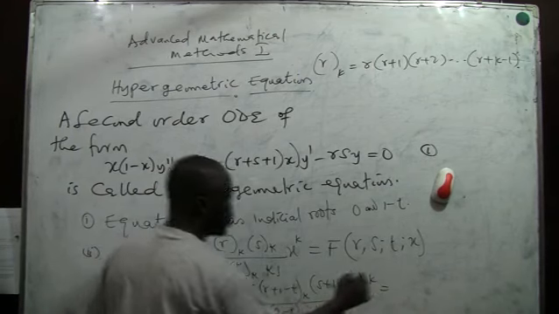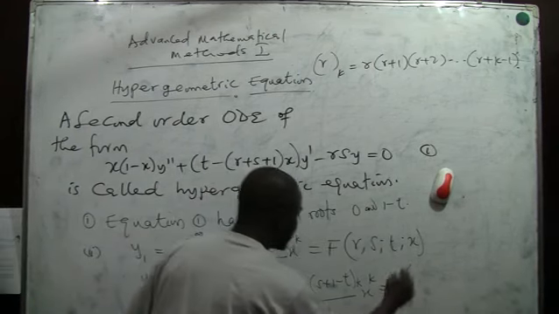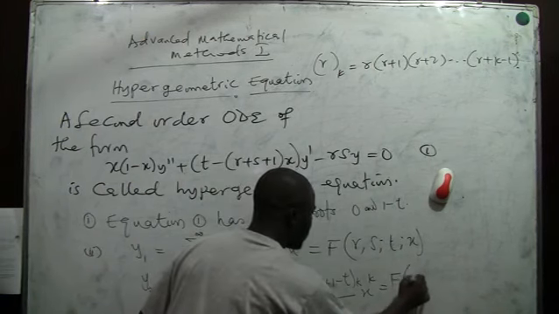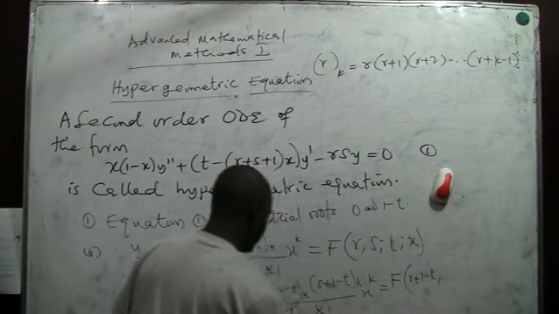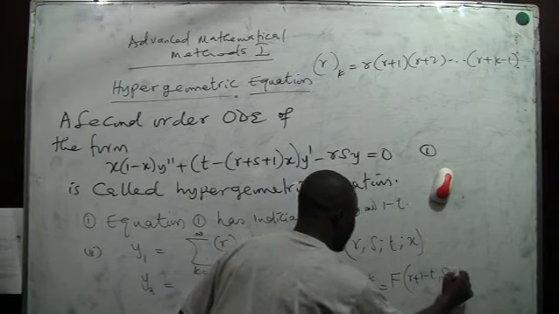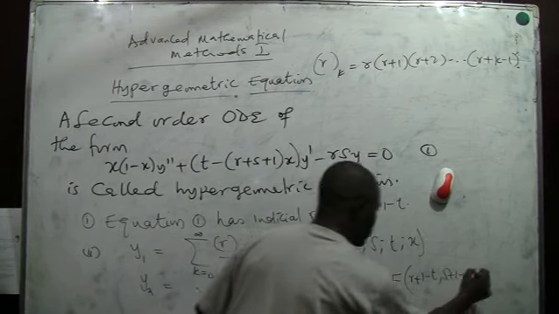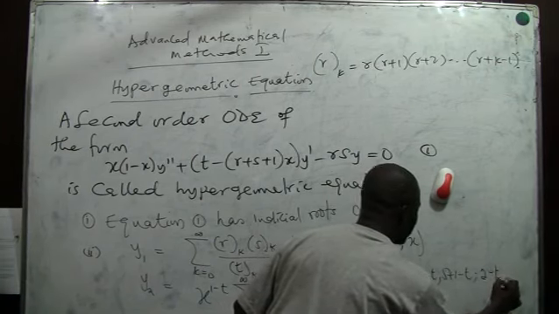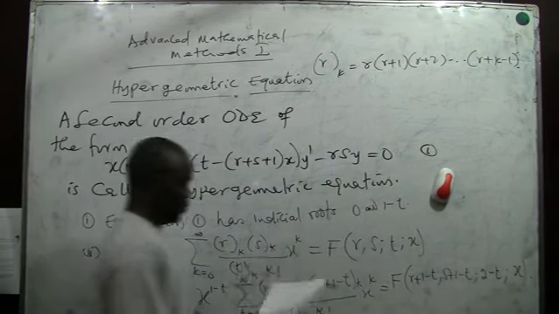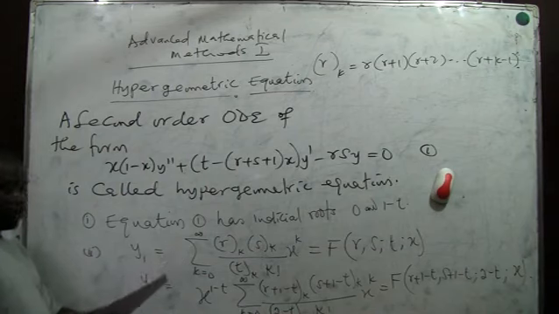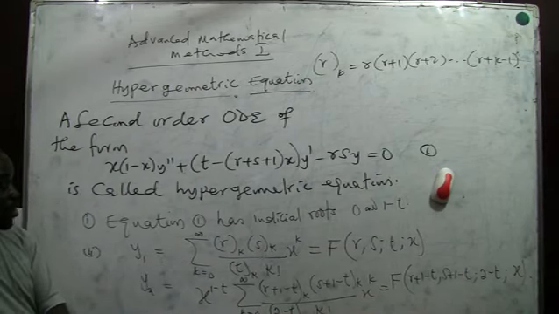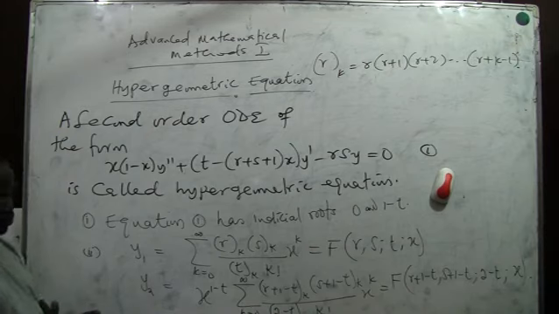In hypergeometric function form, we write it as F(r + 1 − t, s + 1 − t; 2 − t; x). Those are the two solutions we are going to obtain after solving equation 1 using the method of Frobenius.